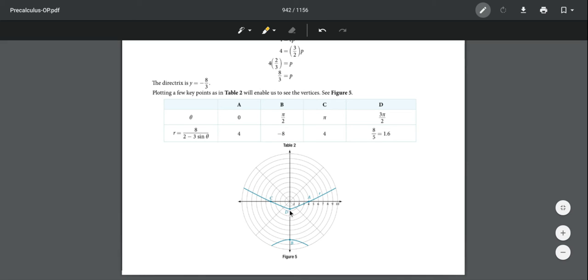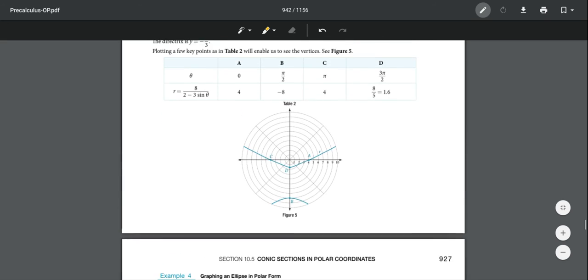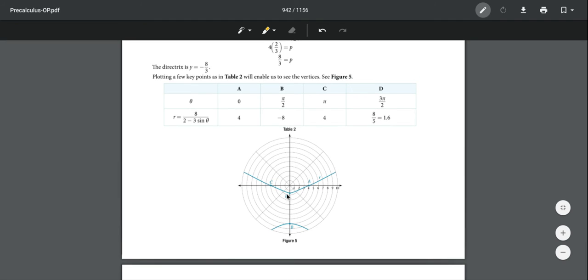If we know that it's going to open up and down, and that one of the foci is at the origin, then the points at pi over 2 and 3 pi over 2 have to be our vertices. And then we'd be able to find the other focus, not the other vertex, because it's going to be the same distance from this vertex to the focus.